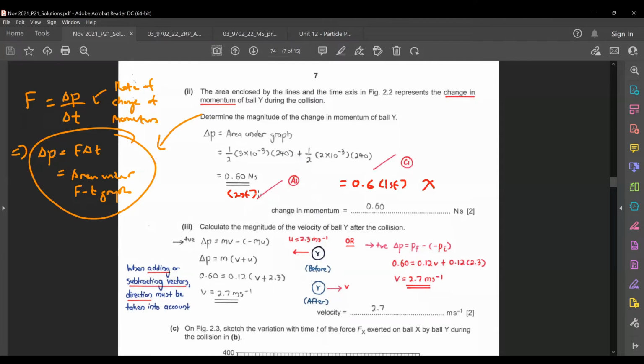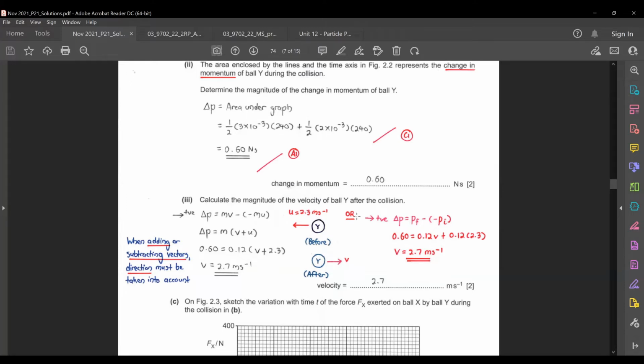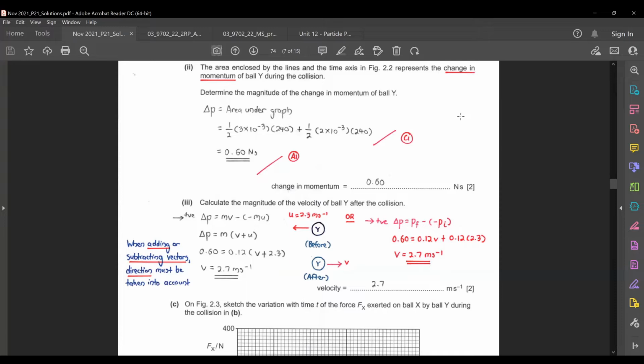Okay, so that one is okay. All right, then after that, part 3. Okay, part 3, if you're not careful, you might get some wrong answer. This one is something that I think I should probably mention to you guys first.